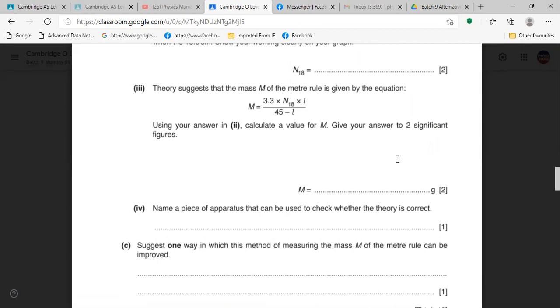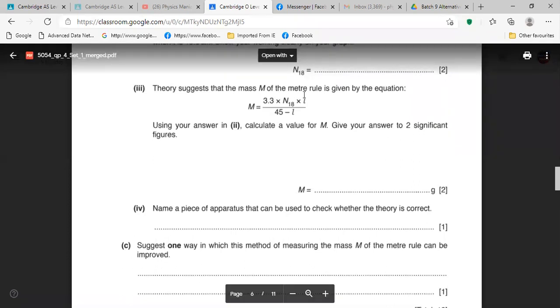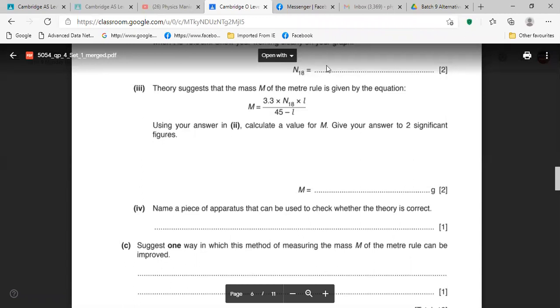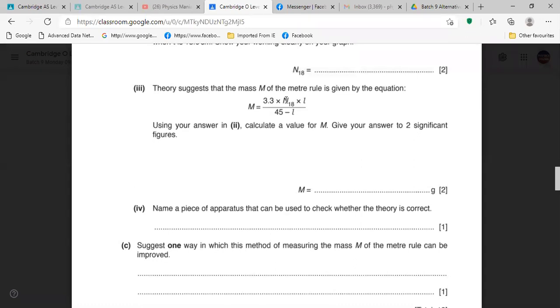Sir, what do we use in L? L is 18. Ah, okay, sir. N18 you already got here. Whatever value you got here, you write that as N18 from the graph. Then 45 minus L. Take.